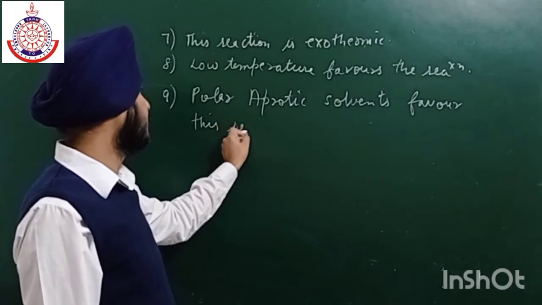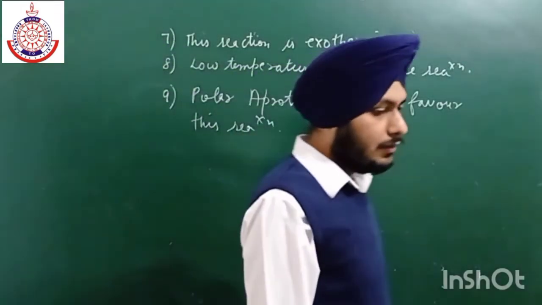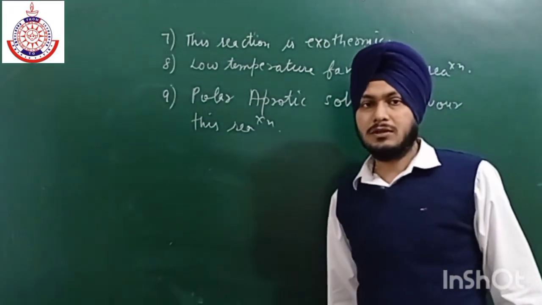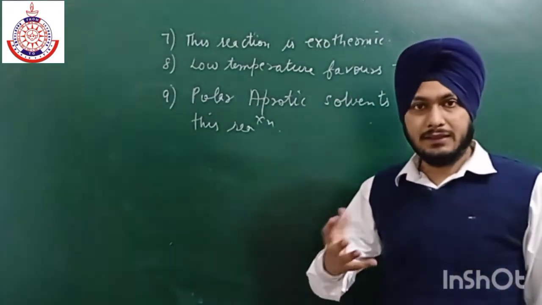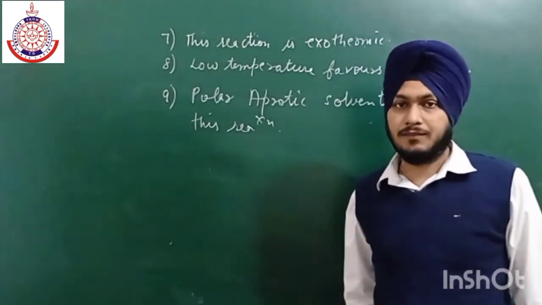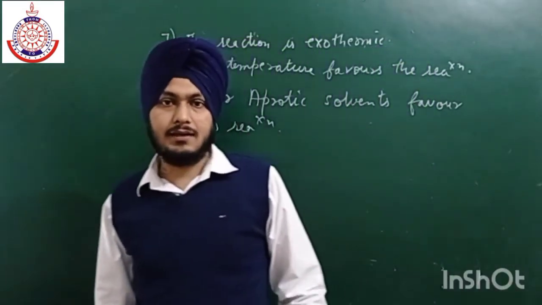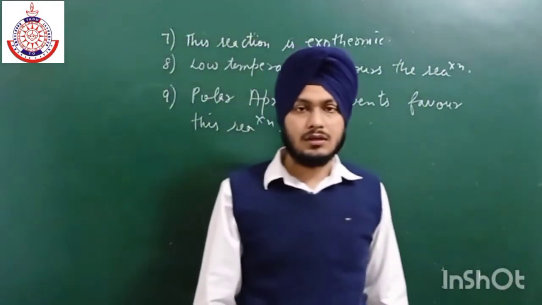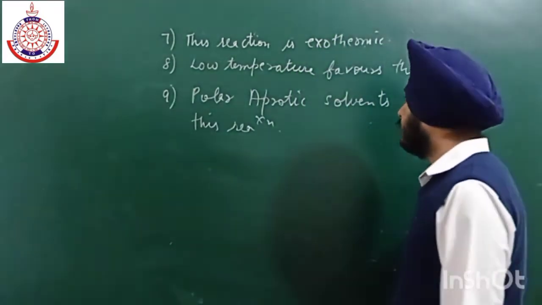Now, what is the reason that polar aprotic solvents favor this reaction? Because if we use a polar protic solvent, then that solvent can easily bind or solvate the nucleophile. Then nucleophile is not able to attack on the alkyl halide. That is why we have to use a polar aprotic solvent.